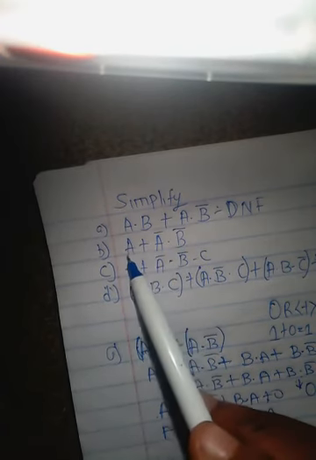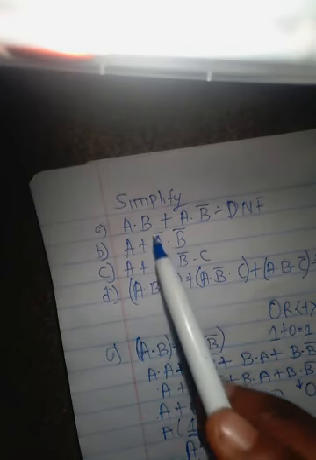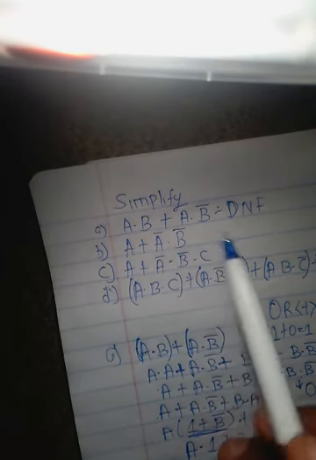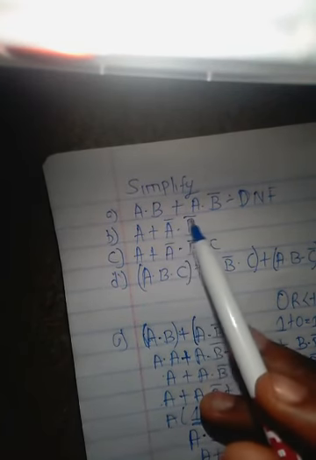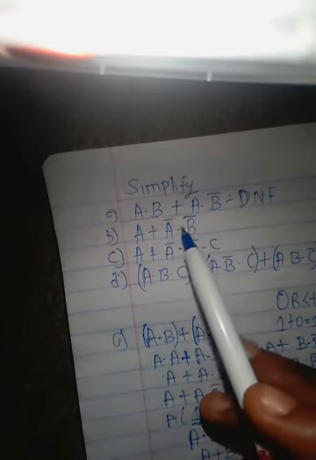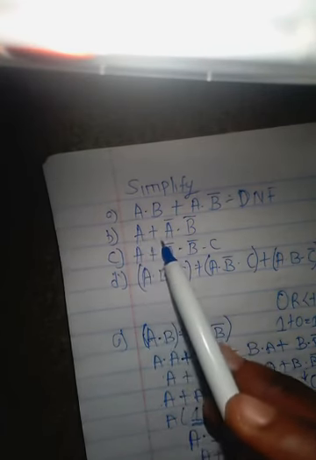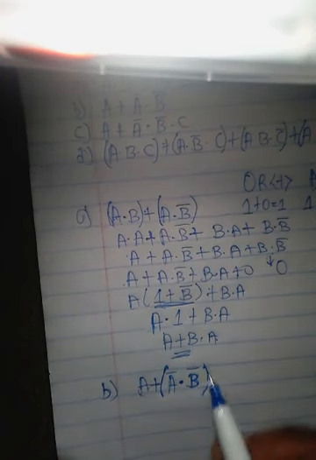You could literally just use that law and assume that this part is equal to 1, and then say 1 dot b inverse is just b, which would be wrong because we have this in a dot relationship with this other variable here. So we can't just assume that this part will be equal to 1. So we rather have to open up the bracket with this variable here. So that's what I'll be doing here.